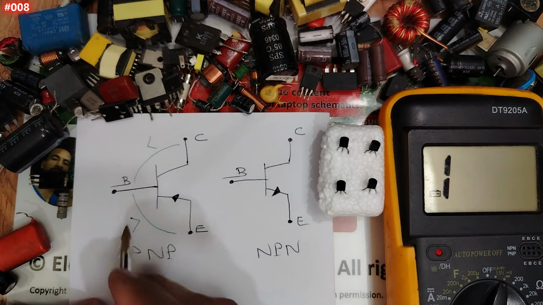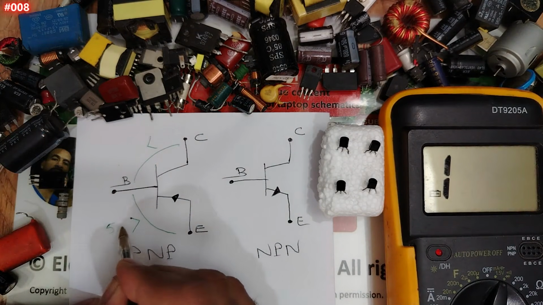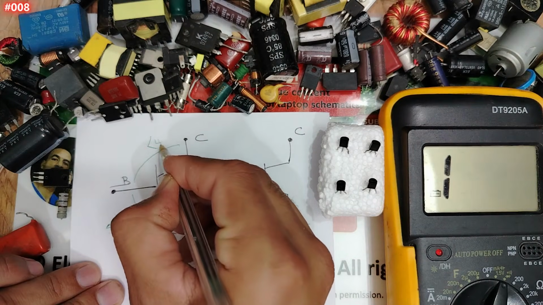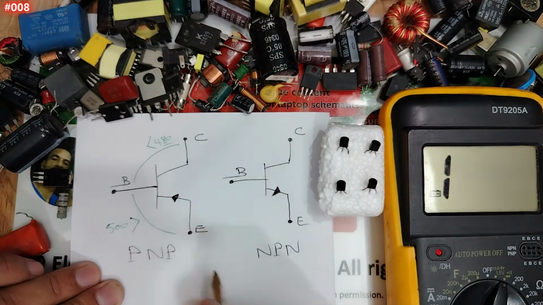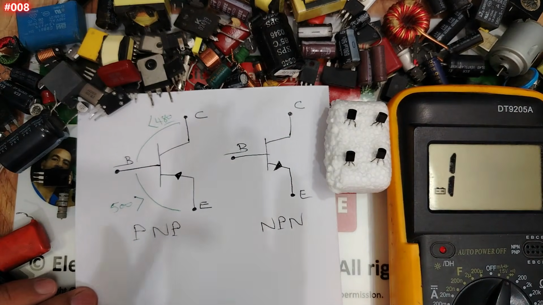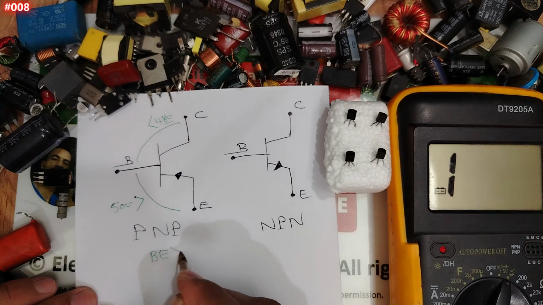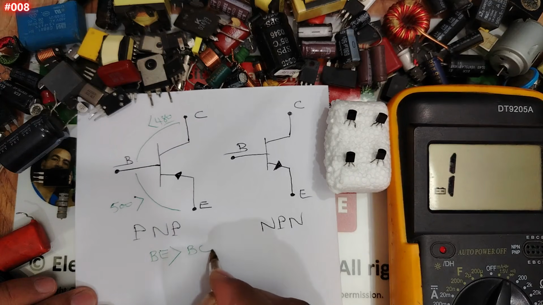For example, if we find 500 here, we will find 480 here. So in terms of reading, base-emitter is always greater than base-collector.